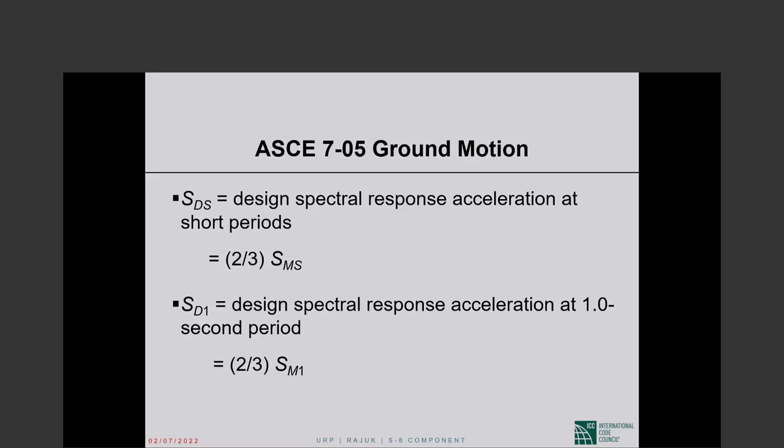the 1977 UBC, Uniform Building Code, the edition that followed the 1973 Uniform Building Code, the edition that followed the 1971 San Fernando earthquake.